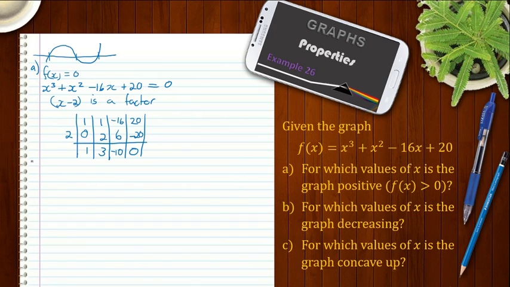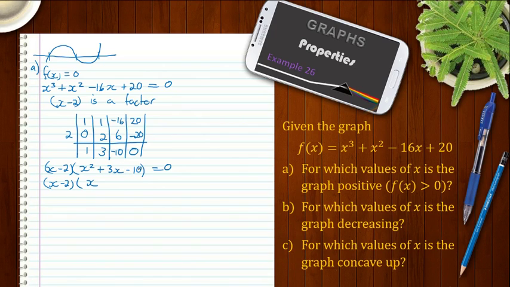All right, now the factors will be x minus 2, and the other factor will be x squared plus 3x minus 10 equal to 0. So x minus 2, and then x. Factors of 10 that can give me 3. This can actually factorize.